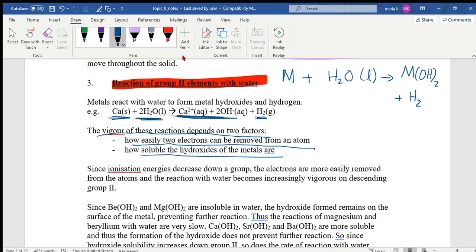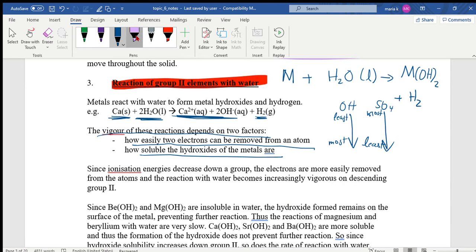So hydroxide solubility goes from least to most as you go down the group, and sulfates go from most to least as you go down the group. That's just something to think about. So most to least for sulfates, and for hydroxides, least to most.